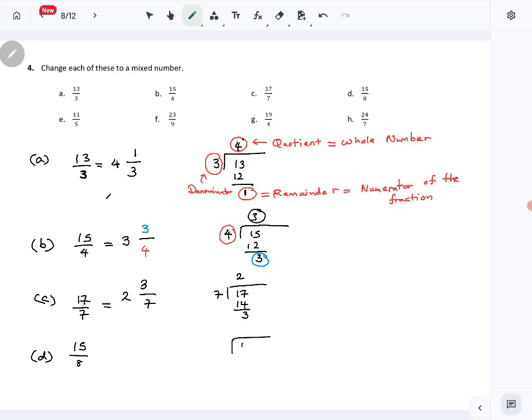Only 1 eight is inside of 15. So the quotient is 1, 1 times 8 is 8, and the remainder is 7. So 1 is the whole number, and the numerator is the remainder, 7, over the same denominator as the original. So 15 over 8 is 1 and 7/8. Right, we are done with those 4.